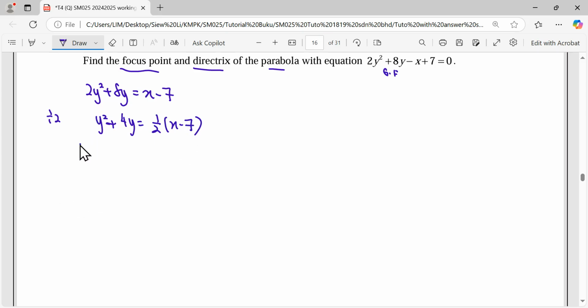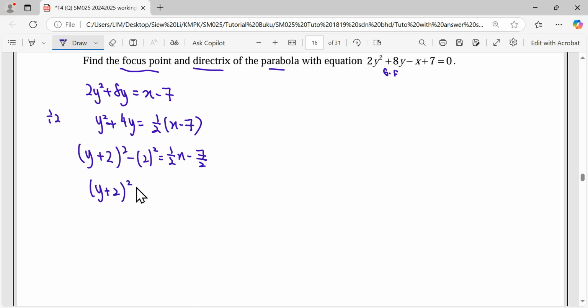Then I can put in the bracket y square. For the quadratic term in y, b divide by 2 becomes 2. So we will minus back the 2 square. So here is 1 over 2 x minus 7 over 2.